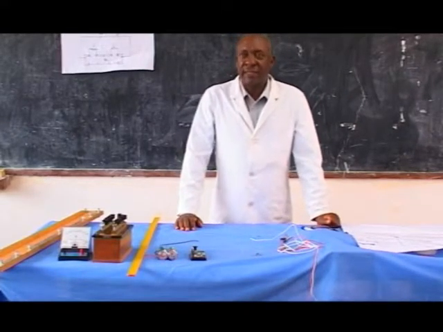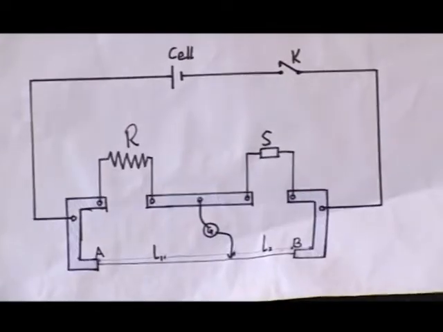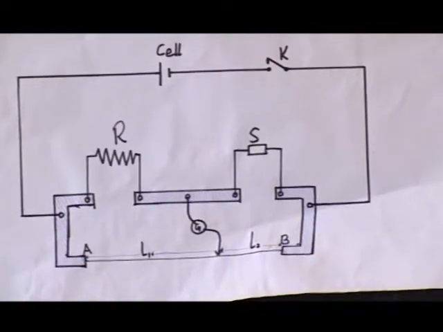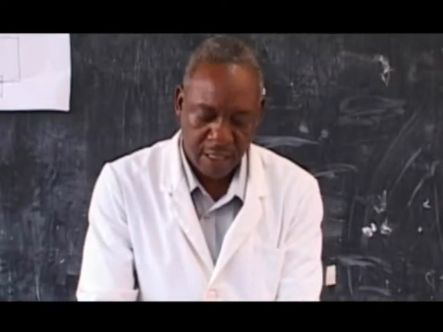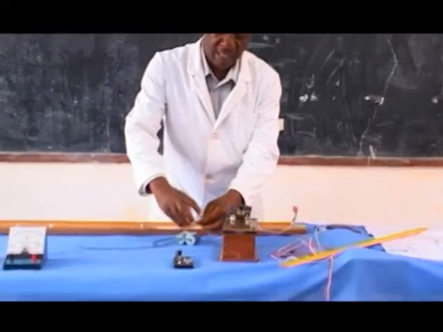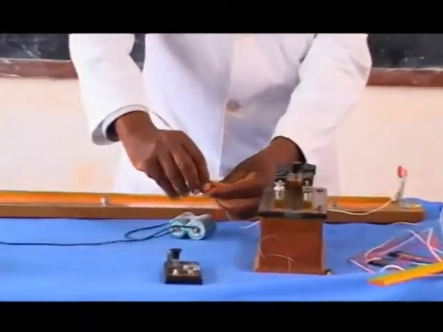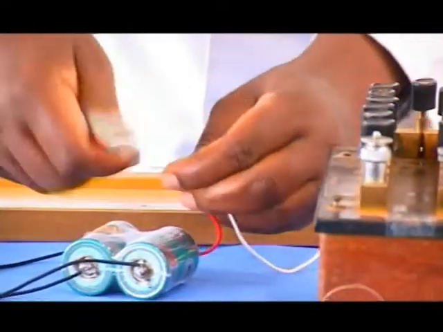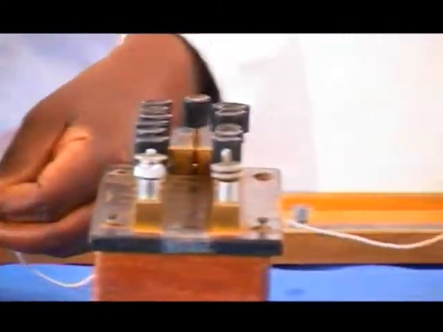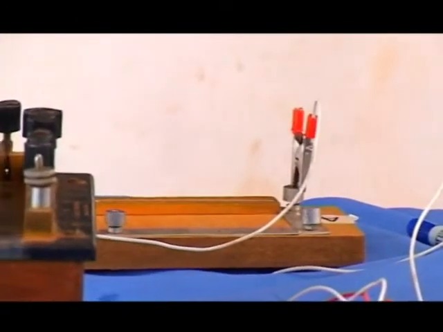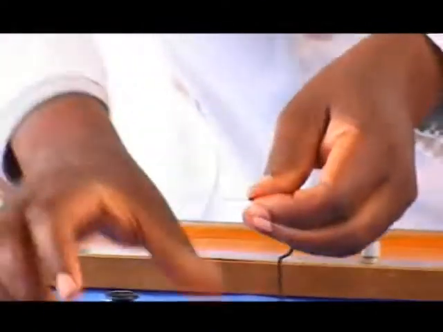Connect the devices as per the circuit diagram shown here. The positive terminal of a dry cell is connected to make end A a positive one and the other end B a negative one. Connect the negative part of the cell to the switch.